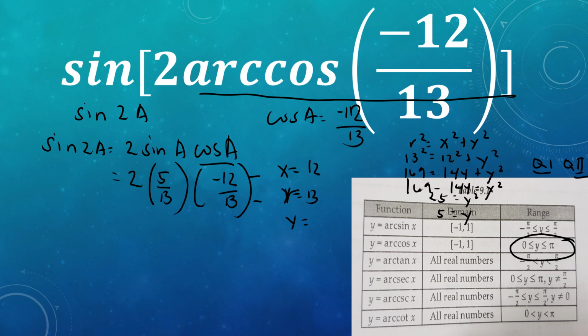Therefore, sine a is equal to positive 5 over 13. Now, we're going to multiply 2 times 5 is 10 times negative 12, that's negative 120. 13 times 13 is 169. Therefore, the final answer is negative 120 over 169.